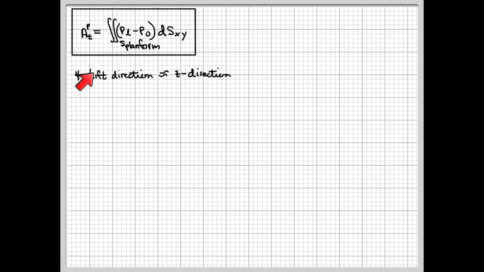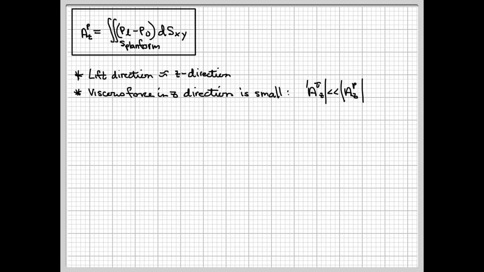So while I'm talking about AZP here, in fact, the lift is going to be very much dominated by this quantity. The other aspect of this is that the viscous forces in general tend to be small in the z direction.